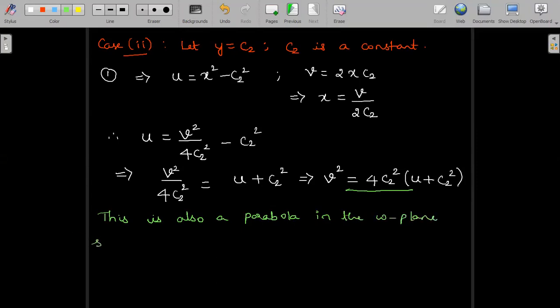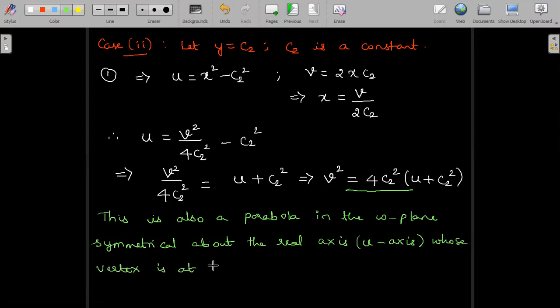In the w plane, symmetrical about the real axis. Here also again the real axis is nothing but the u axis, whose vertex is at minus c2 square comma 0 and focus at the origin.